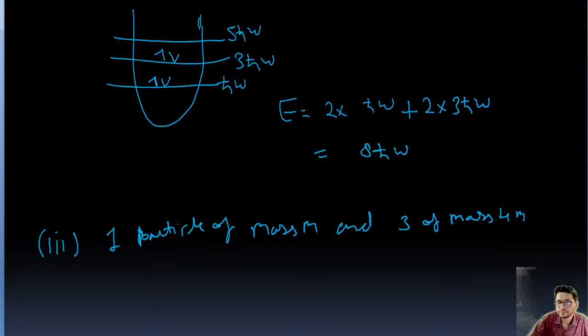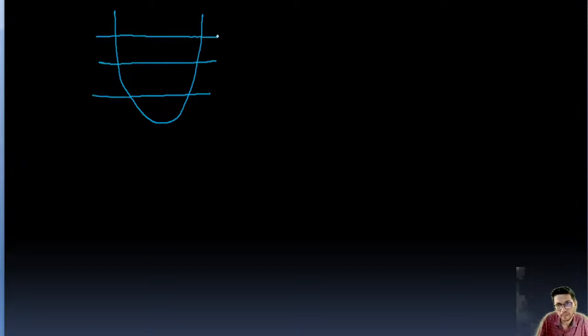So again, we'll make a diagram, right? A simple diagram. These are the energy levels. And this is the energy for 4m: it is going to be ħω, 3ħω and 5ħω, right?